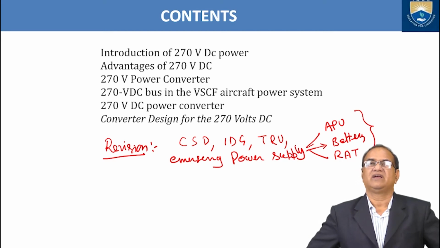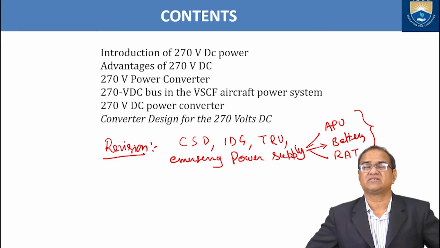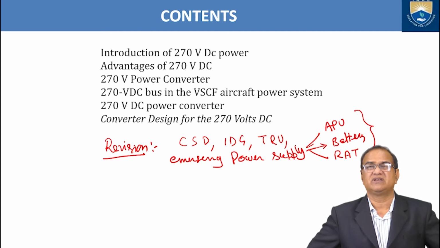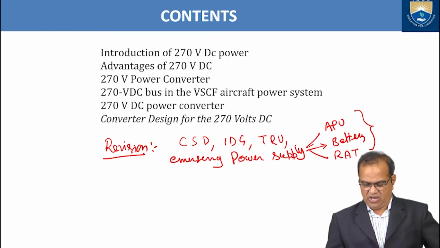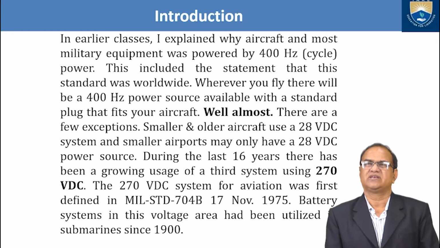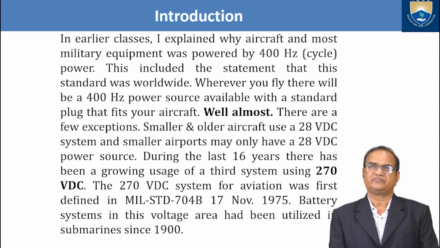However, this 270 volt was also used in submarines very long back. From there they got this idea and implemented 270 volt DC in aircraft. So I will go first with the introduction, and then you will enjoy this idea of 270 volt DC.